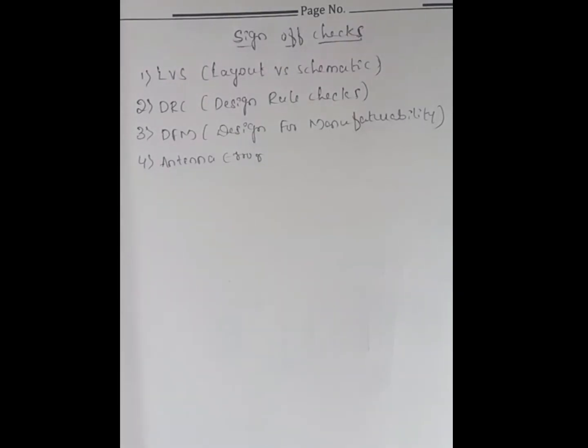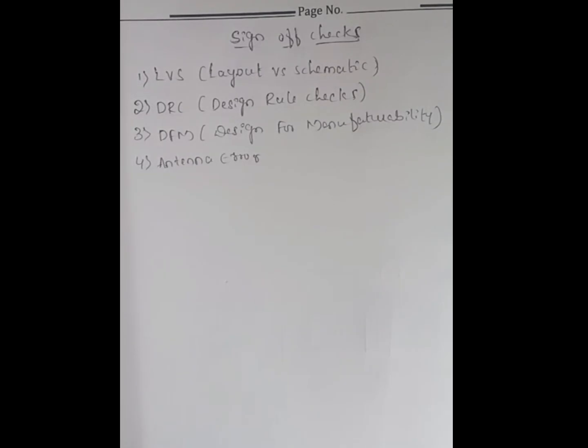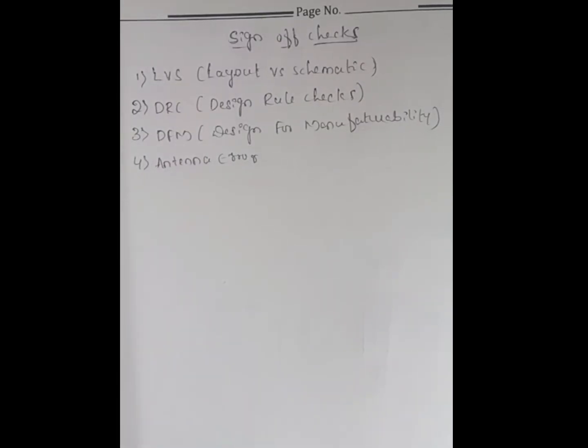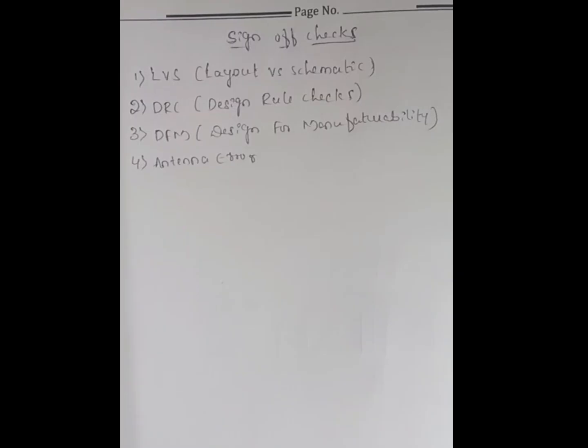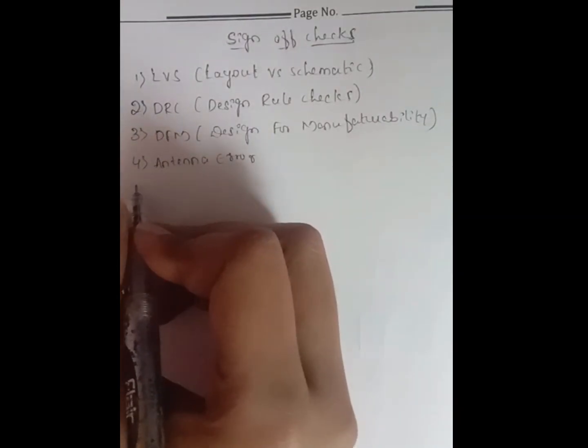That's why we call it an antenna error. It will damage the gate oxide. I will explain in detail later when I cover all the sign-offs in detail. Just now I am giving the overview of this. So antenna error damages the gate oxide by collecting all the charge carriers.